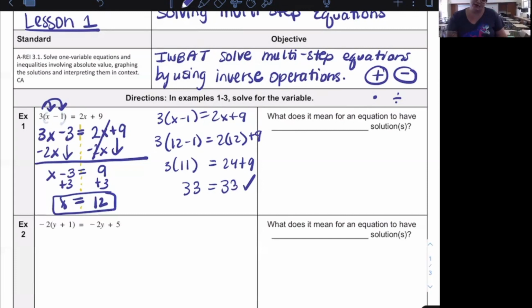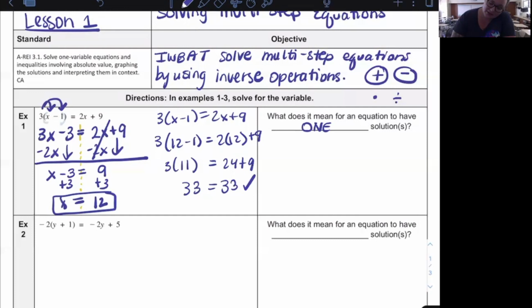So this example also has an extra question though. What does it mean for an equation to have exactly one solution? So the solution we found is x equals 12. And for x equals 12, that means that x can only equal 12.